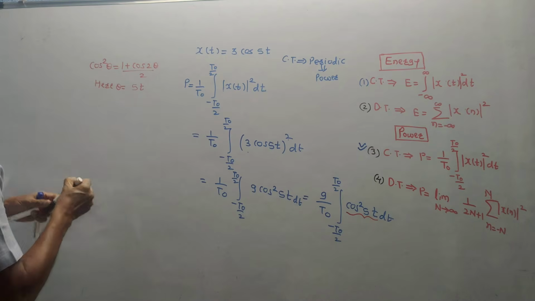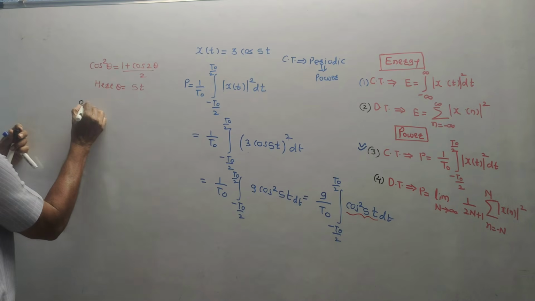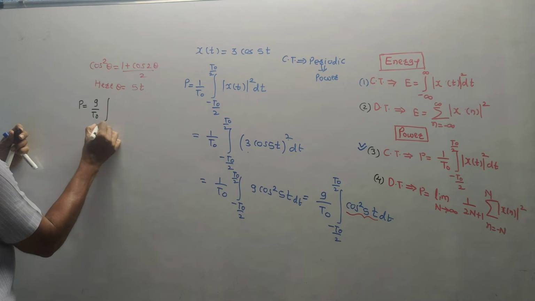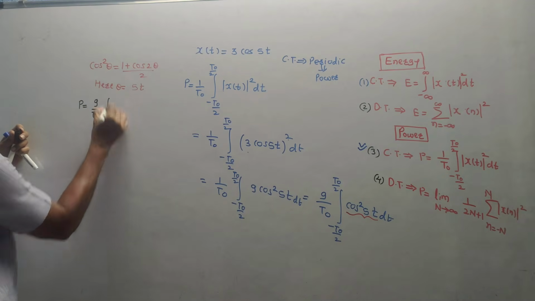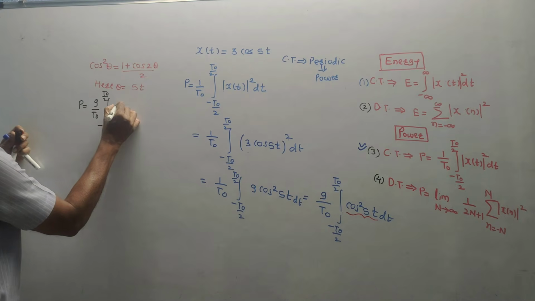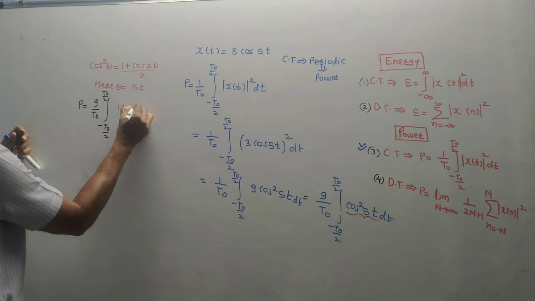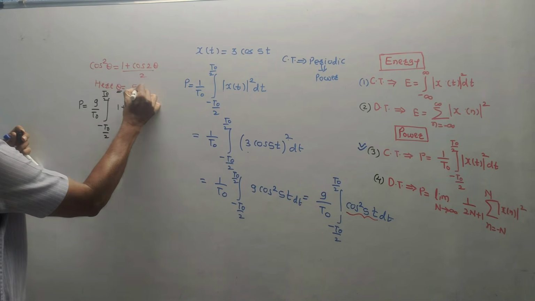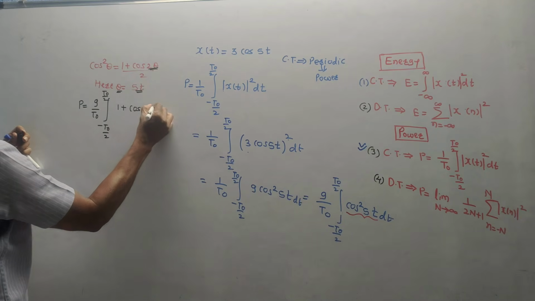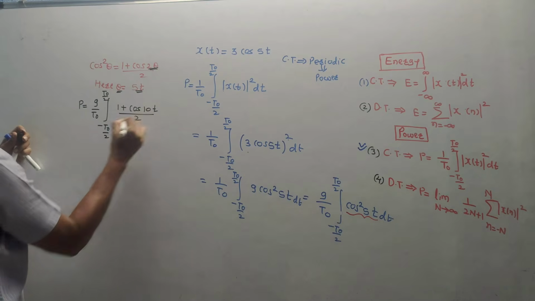So the equation becomes P is equal to 9 by T0 integration from minus T0 by 2 to plus T0 by 2. In place of cos square phi t, I will write (1 plus cos 2 theta) upon 2. Remember theta is phi t, so cos 2 theta means cos of 2 into phi t, so it becomes cos 10t, upon 2.